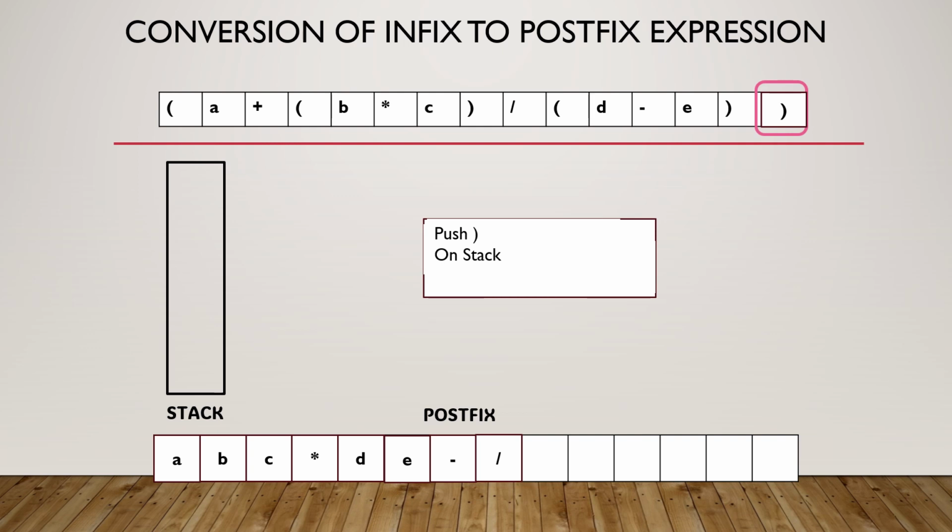Considering the priority, we move the divide first, and at last we check the plus operator. So this is the postfix expression we get from the conversion: A B C multiply, D E minus, divide, plus.